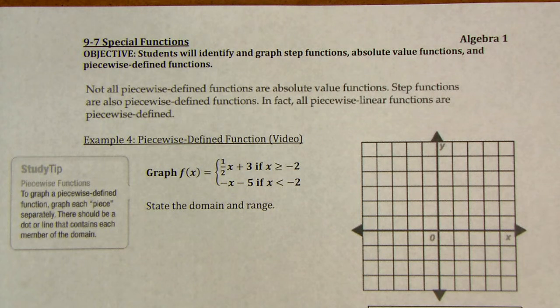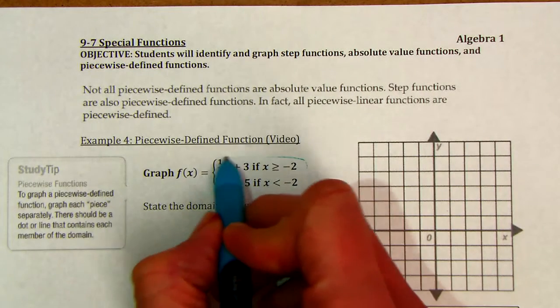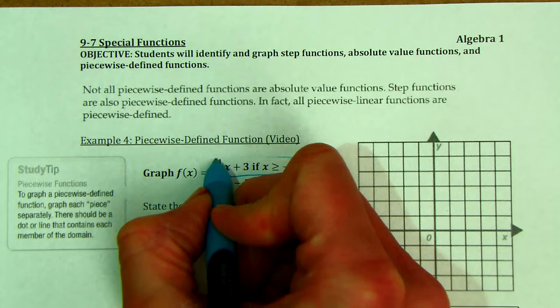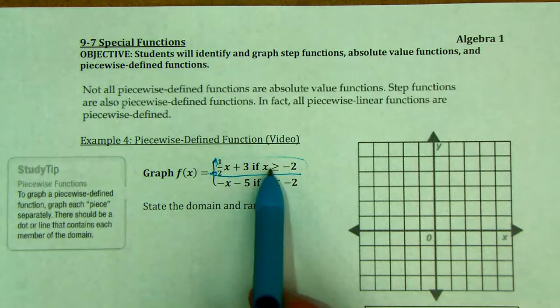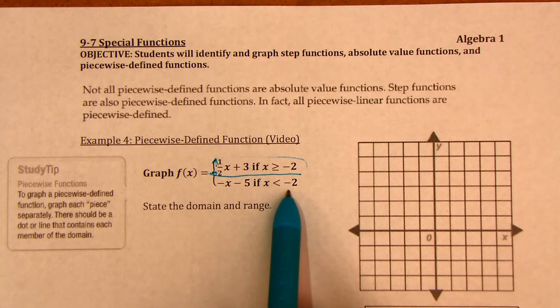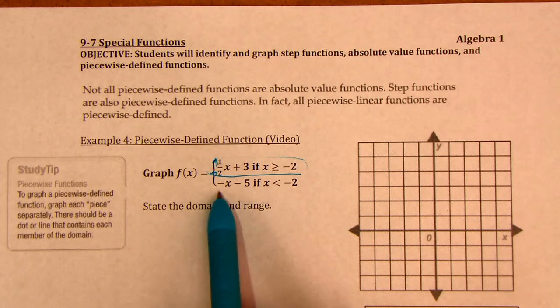So start at positive 3 and go up 1 and over 2 if x is greater than or equal to negative 2. But if x is less than negative 2, it's a totally different line with a y-intercept of negative 5 and a slope of negative 1. So we could plot these, x and y, if you need to.